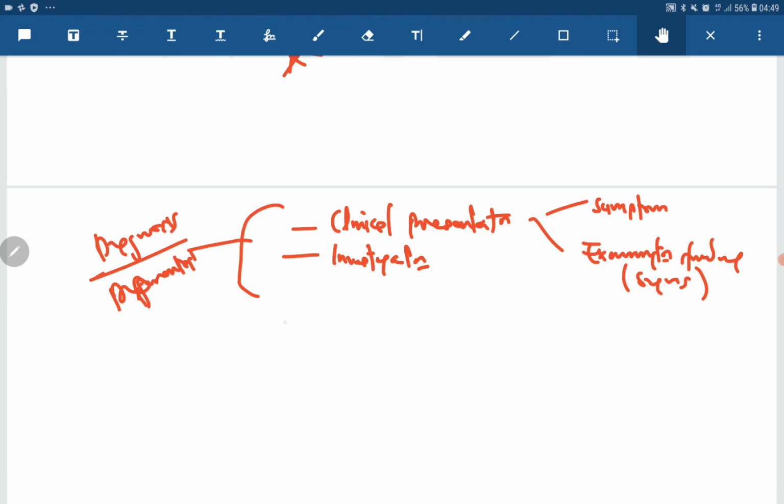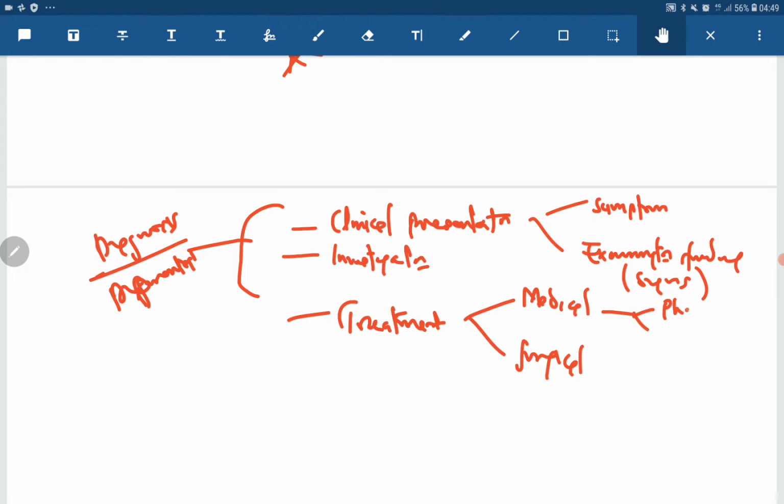Then we now talk about the treatment. And for the treatment, we have the medical, we have surgical treatment. Medical involves both the pharmacological and the non-pharmacological.